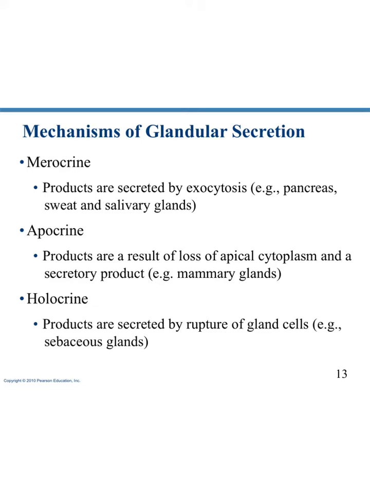So we can classify glands based on how the secretions get to the surface of the cell. If it's called merocrine, or you can actually sometimes see this as eccrine, then the products are secreted by exocytosis.